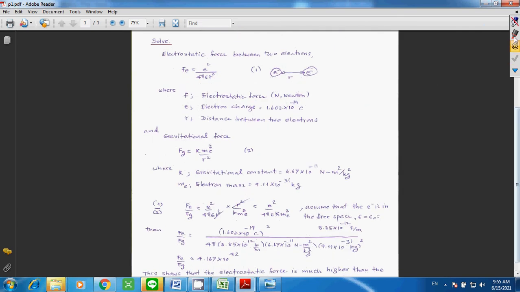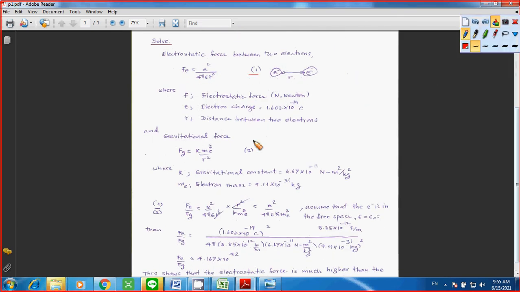So you simply divide equation 1 by equation 2. You end up with e squared divided by 4 pi epsilon 0 k m e squared. You simply plug in the constants for epsilon 0, k, m e, and e. Epsilon 0 is 8.85 times 10 to the negative 12 farad per meter.